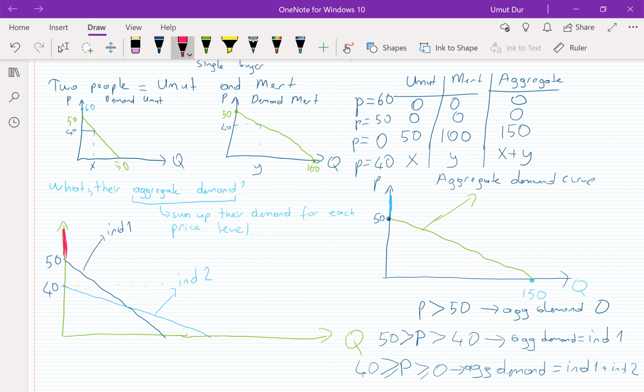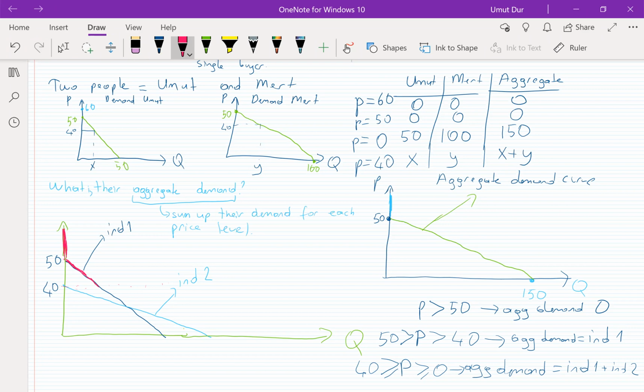When the price is between 50 and 40, the aggregate demand will be equal to the demand for individual one. But if I go below price level 40, I need to add up the two individual demands.